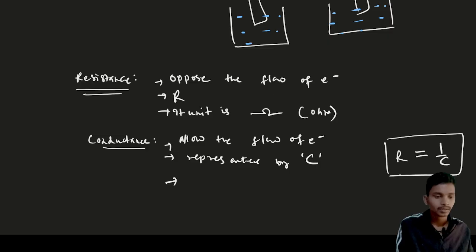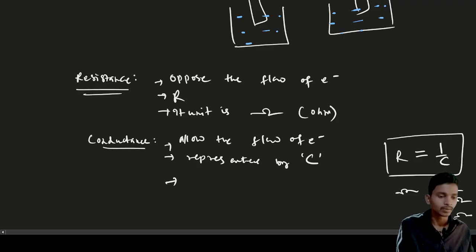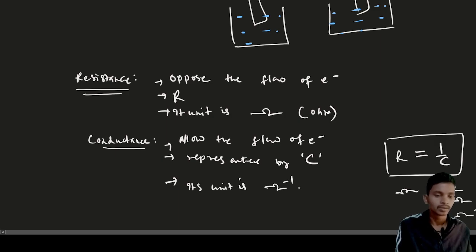So if the resistance unit is ohm, then the conductance unit is 1 by ohm, written as ohm inverse, or sometimes mho.